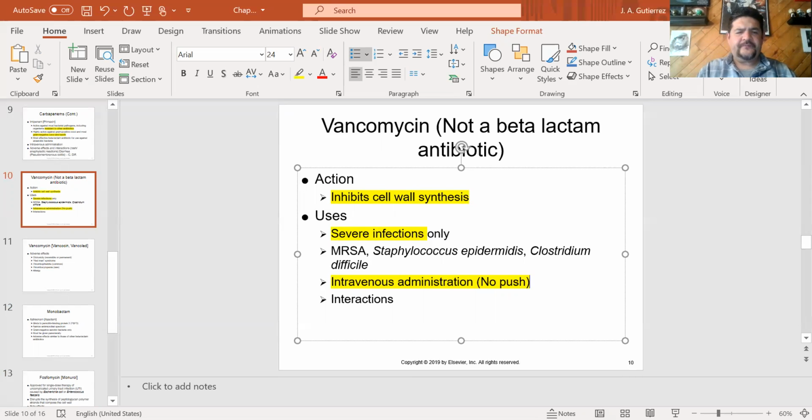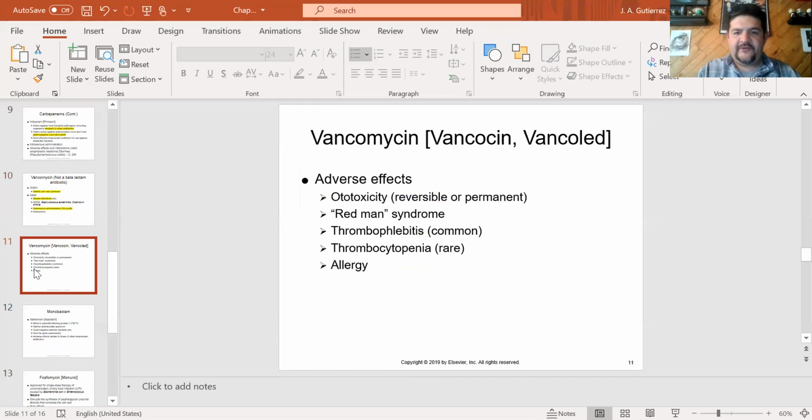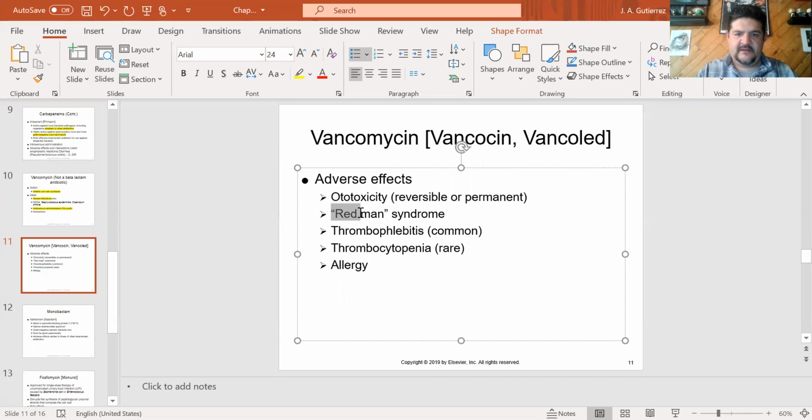You put it in an infusion set, and at least per 1 hour. Regarding the adverse effects, red man syndrome.